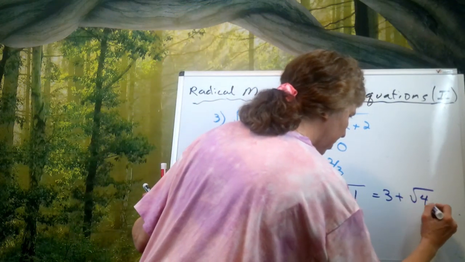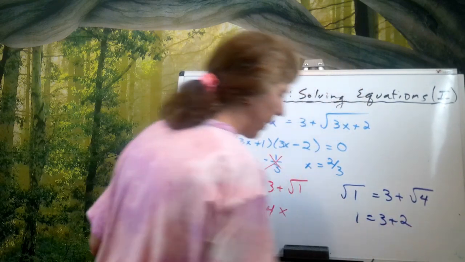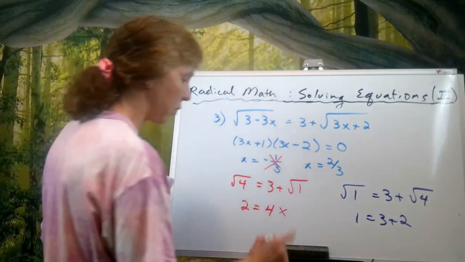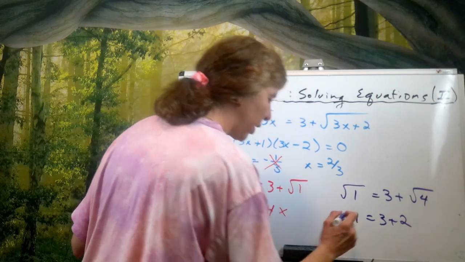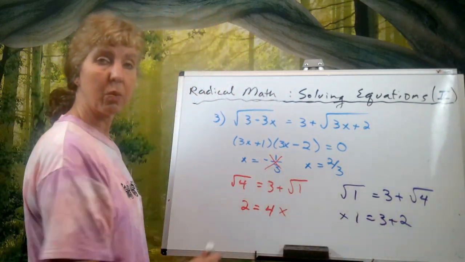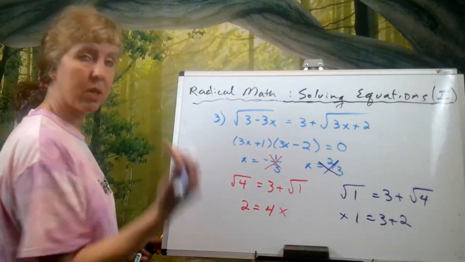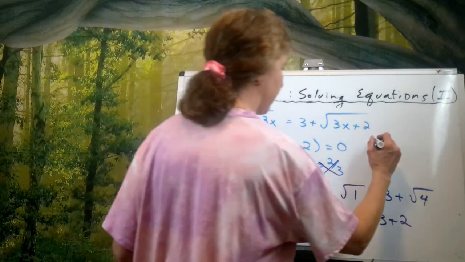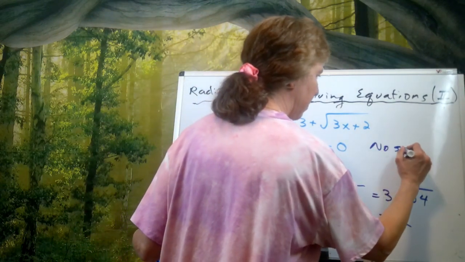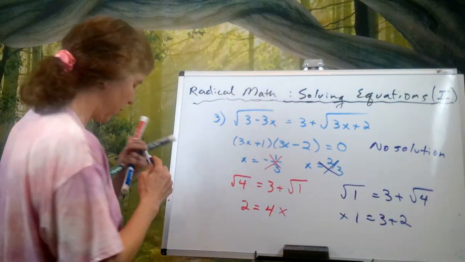Square root of 4. So I get 1 is equal to 3 plus 2. Again, that's not true, but again, I'm pretty confident about the extraneous because if it was 3 minus 2, it would equal 1. So this one's also extraneous. So this equation has no solution because both of the answers are extraneous.